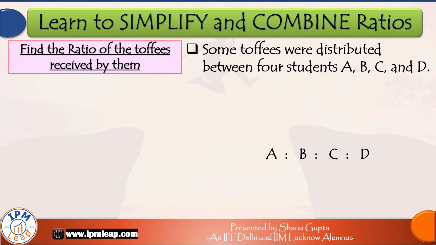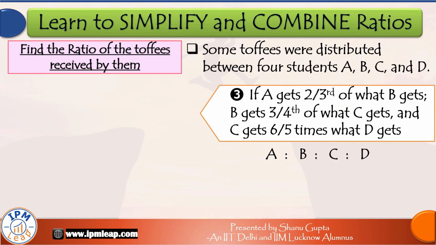In the next question, they have given us the following information. If A gets 2/3 of what B gets, B gets 3/4 of what C gets, and C gets 6 by 5 times what D gets, we need to find the ratio of the toffees received by all four of them. So first we write this information in an equation format.